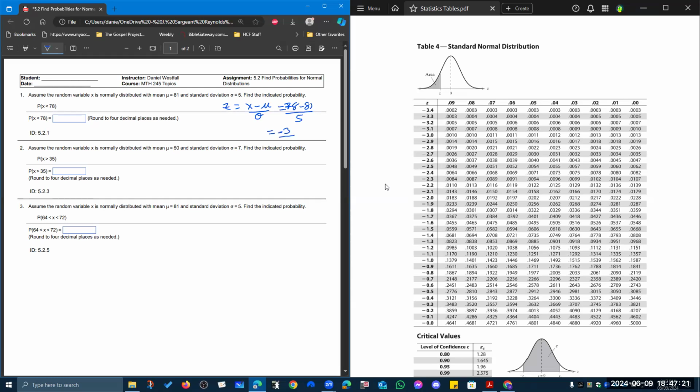And then divided by 5, that's -0.60. So the probability that z is less than -0.60 is going to be the same answer as this. -0.60 is 0.2743.